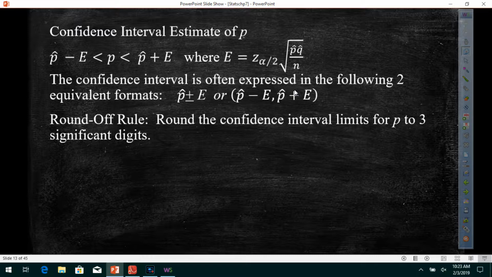The confidence interval is often expressed in the following 2 equivalent formats: p hat plus or minus E, or p hat minus E and p hat plus E. Round off rule: round the confidence interval limits for p to 3 significant digits.